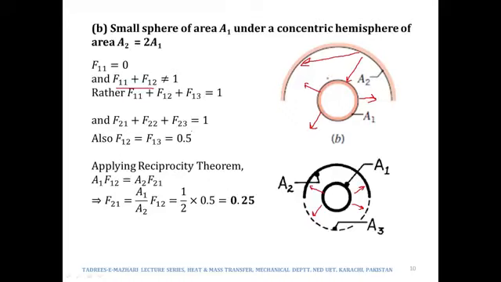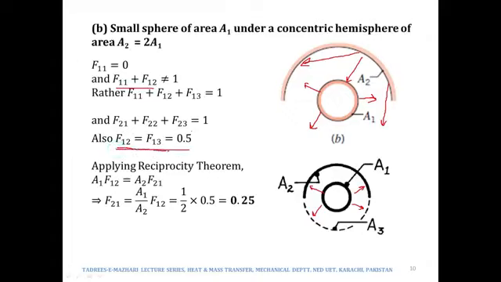Is it all the radiation leaving 2? The answer is a clear no. There is some radiation which is leaving 2 and it is not being incident upon either 1 or 2. Rather it will be incident upon the lower hemisphere, which was not given in the problem, meaning it will be incident upon 3. So f21 plus f22 plus f23 would be the total radiation leaving surface 2.